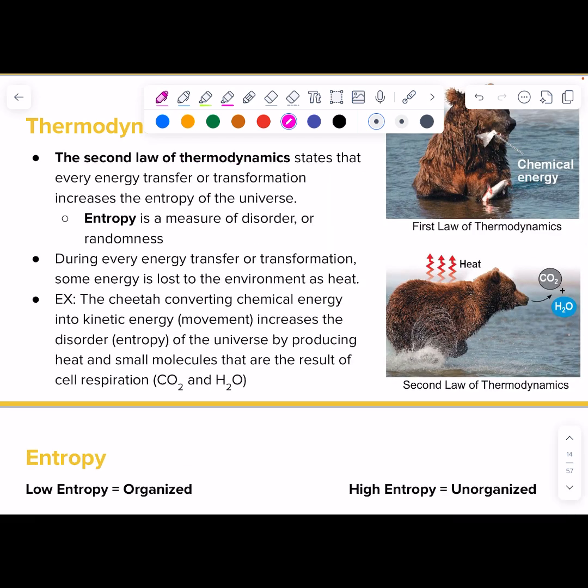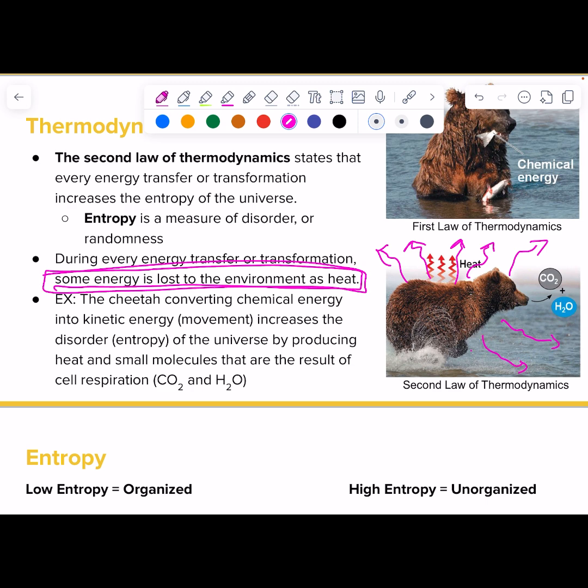And the second law is just that when energy changes form, some of the energy is lost to the environment as heat. Now, whenever we lose energy to the environment as heat, it kind of disorganizes the surrounding, because that heat energy will create some level of disorganization in the surrounding.